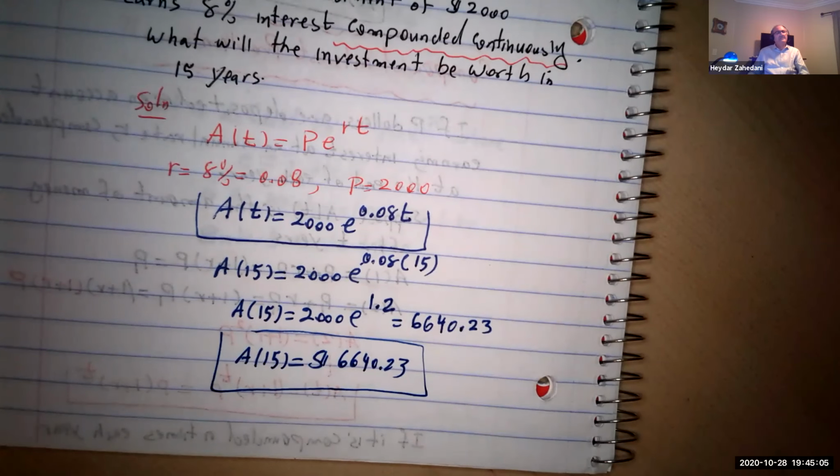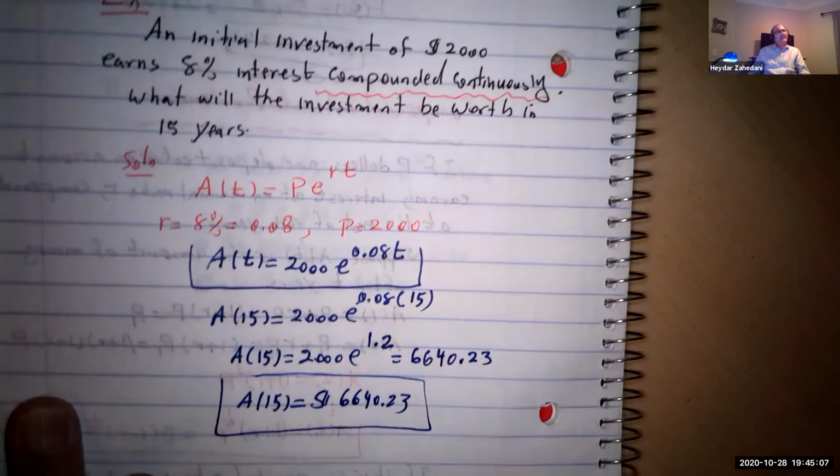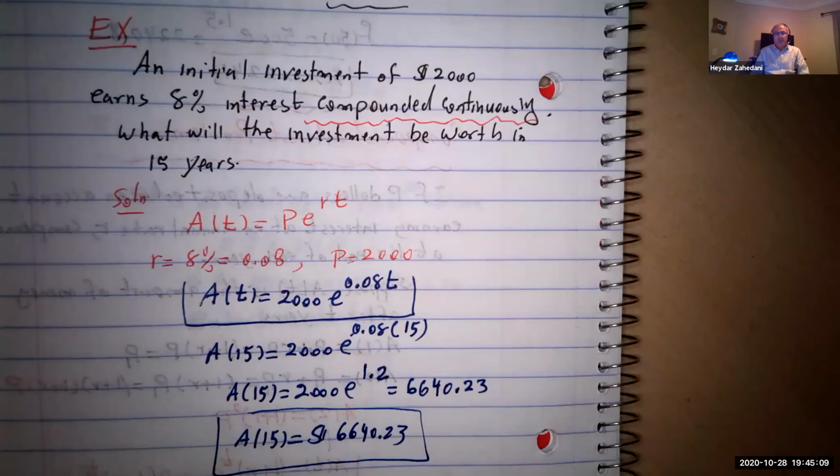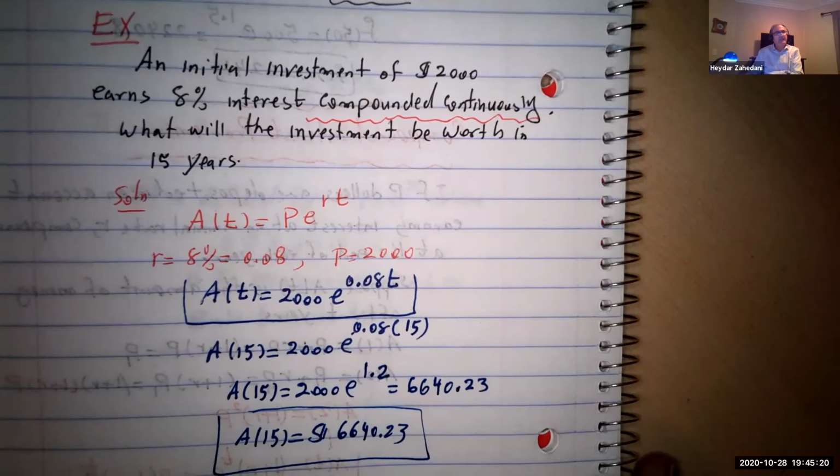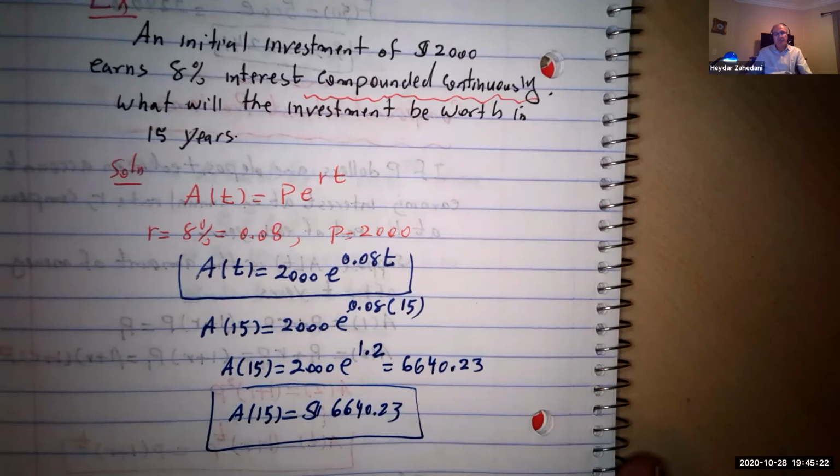So don't miss it. It's an easy problem. Compound continuously in this case to get these numbers. Any question? So that is case 1, compound continuously.